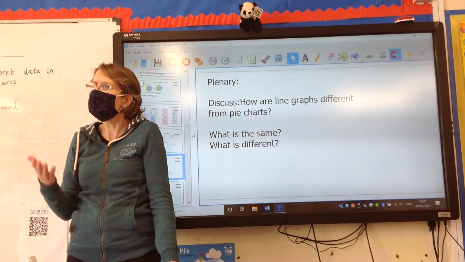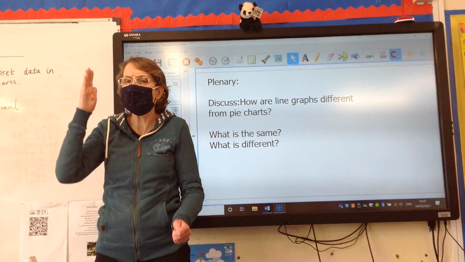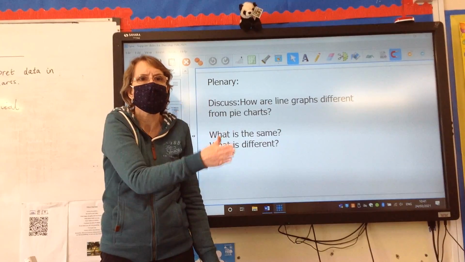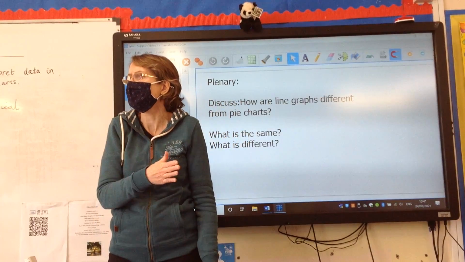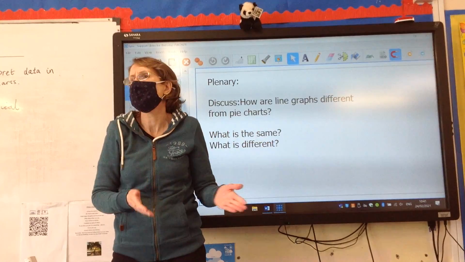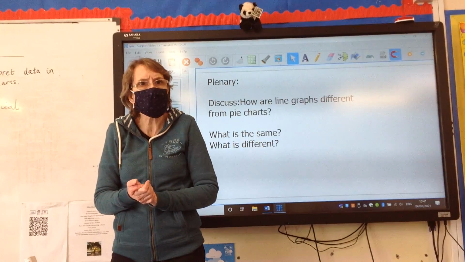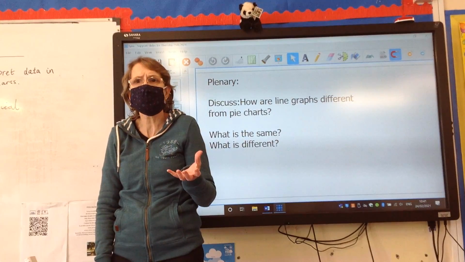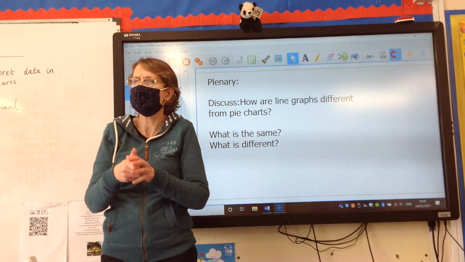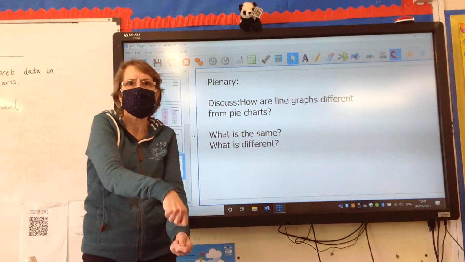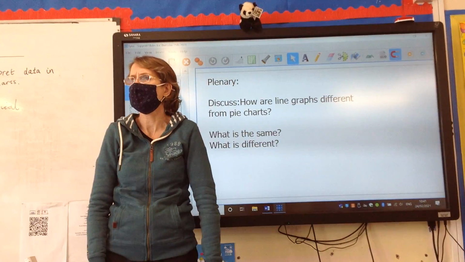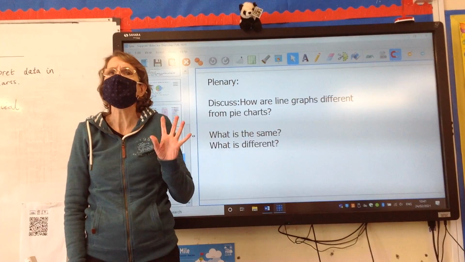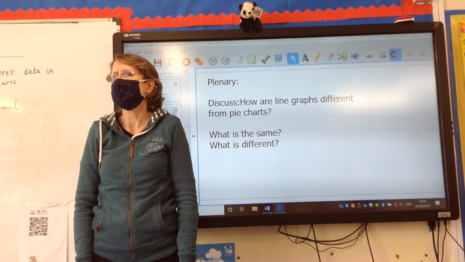Good. So you actually need two sets of data, wouldn't you? You'd need the intervals at which you took the temperature, at regular intervals, so every 2 hours, every hour, whatever. But you would also need the actual temperature. So you'd need two lots of data to put onto your line graph, something that you change and something that you measure.